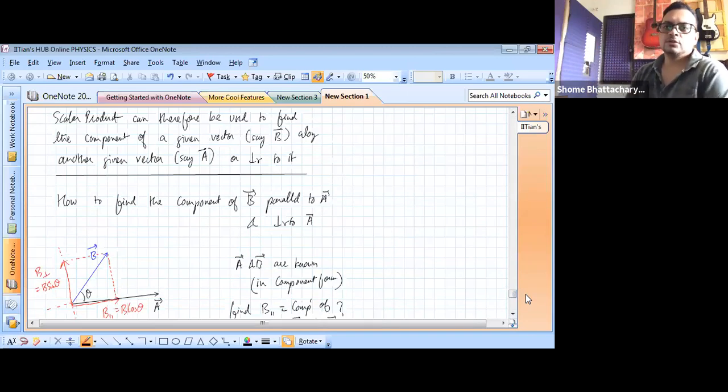Okay, so scalar product can be used to find the component of a vector along another given vector. And then using that and Pythagoras theorem, or using that and the identity I told you, we can also find the perpendicular component, not only the parallel component, but the perpendicular component also.